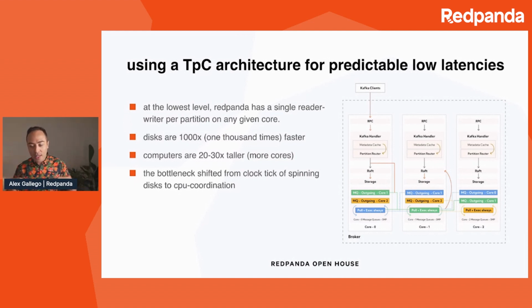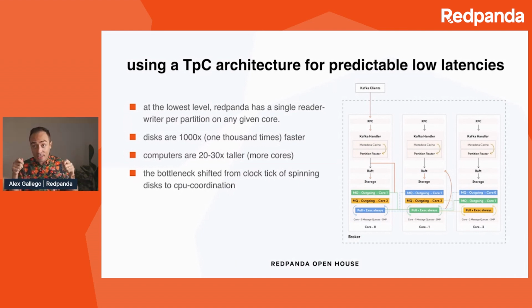And you can see this with GPUs too, right? GPUs have thousands of cores, and your desktop is hitting the same trend. This has 128 virtual cores, which is 64 physical cores and so on. And so when you have 1,000x disk improvement and 20 to 30x more cores, the bottleneck simply shifts.